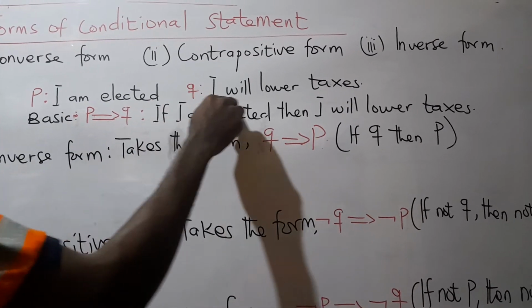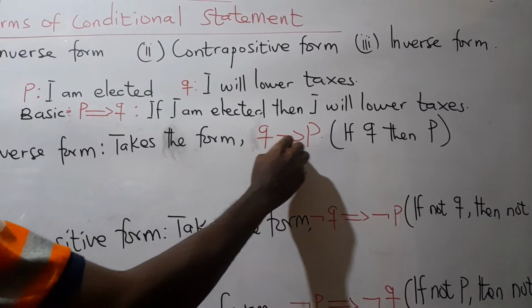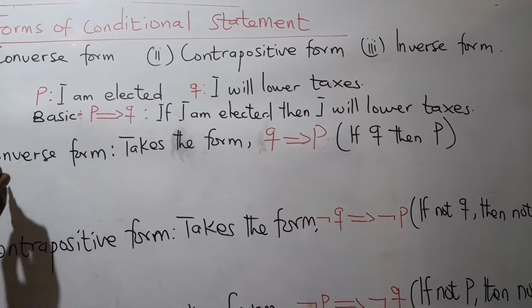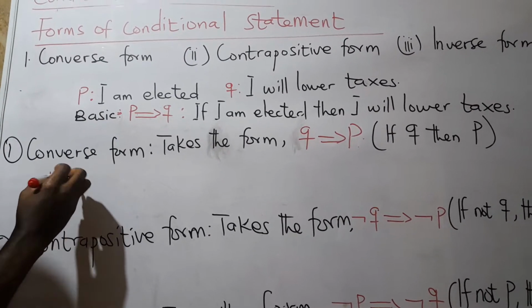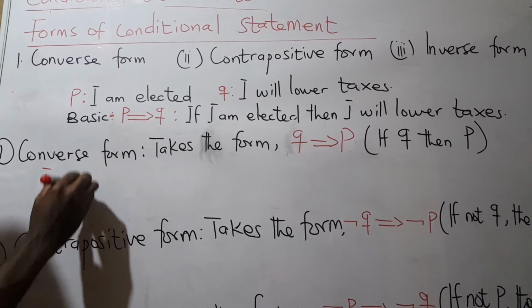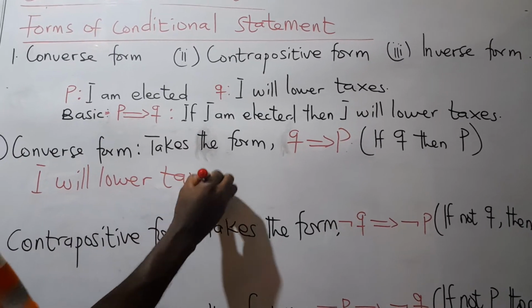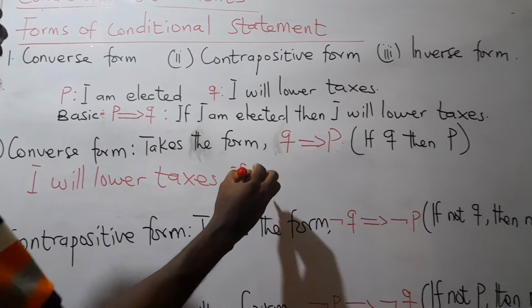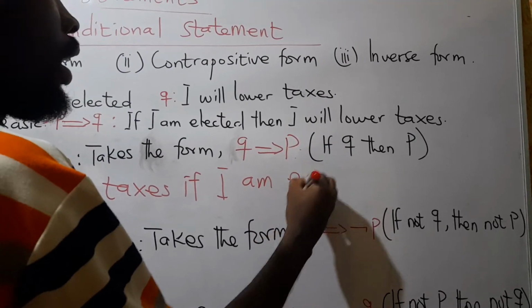If Q is I will lower taxes, then Q implies P will be I will lower taxes if I am elected.